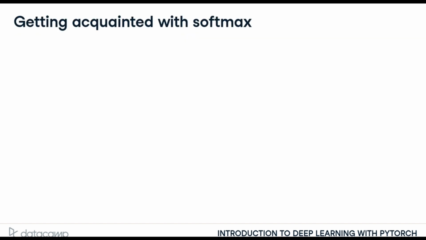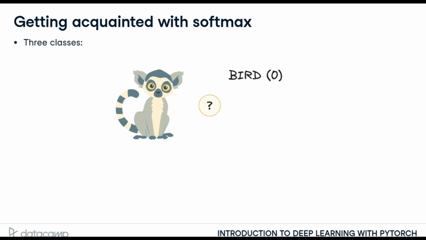We use Softmax, another popular activation function, for multi-class classification involving more than 2 class labels. Let's say we have 3 classes: bird, 0, mammal, 1, and reptile, 2.